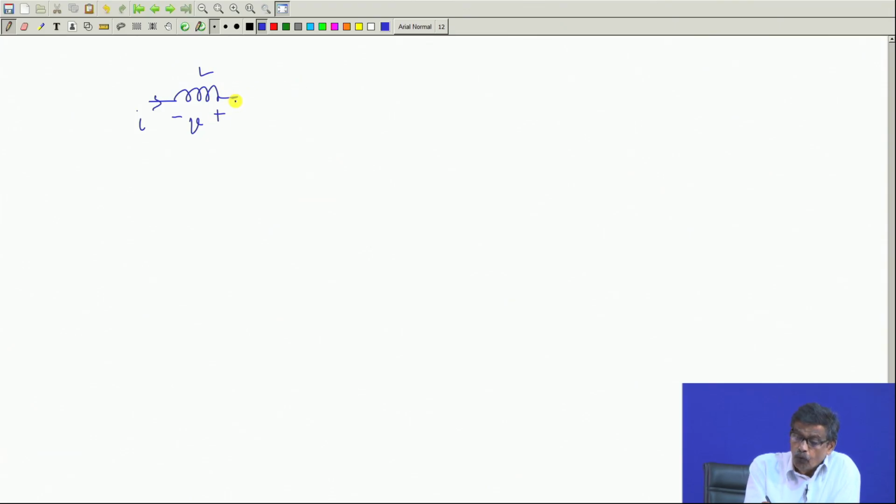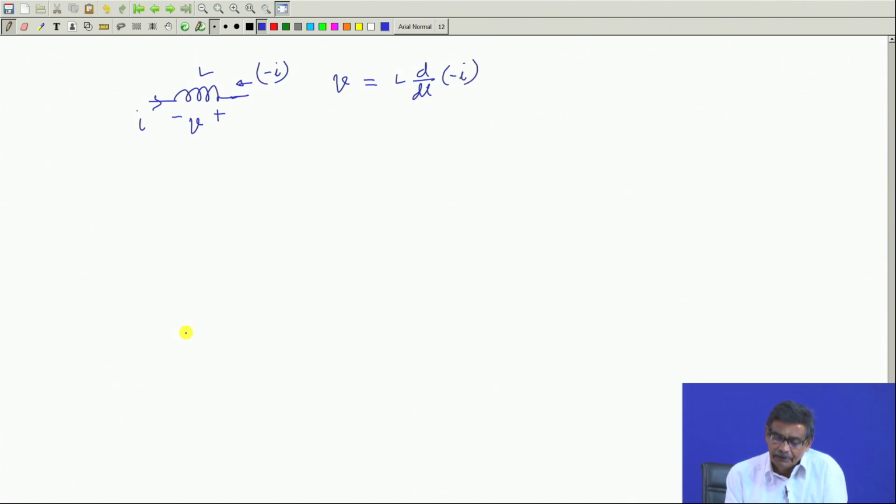Then I will say okay, through the plus terminal minus I is entering. Then the terminal relationship of this should be V is equal to L of d dt of minus I. I think you have got the point.